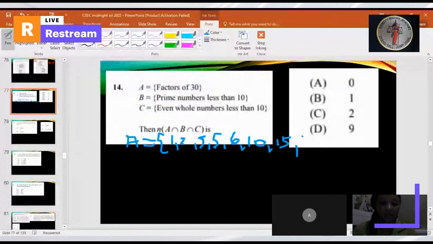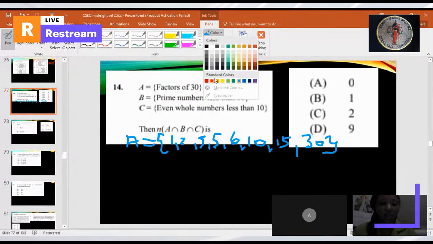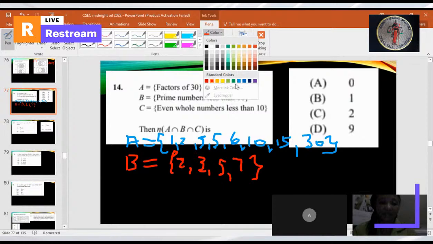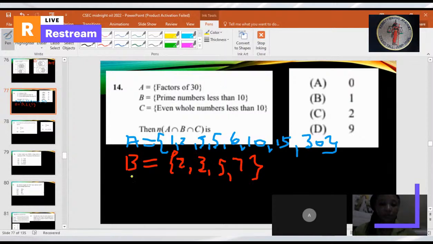Set B says prime numbers less than 10. So the prime numbers less than 10 are 2, 3, 5, and then set C says even whole numbers less than 10.